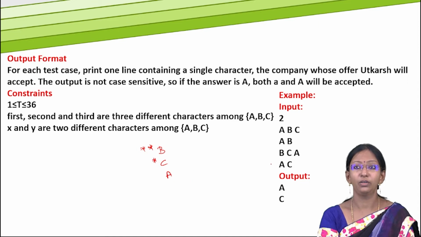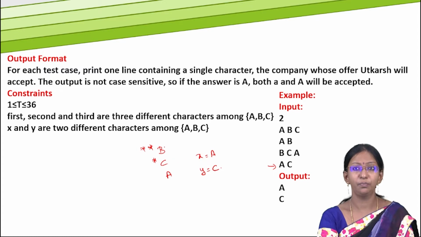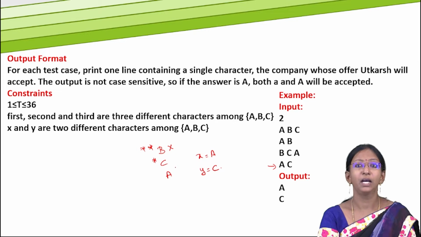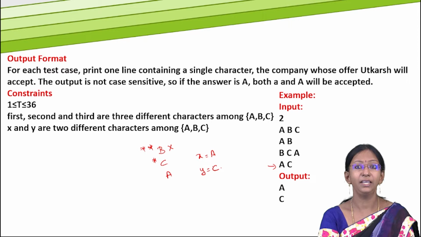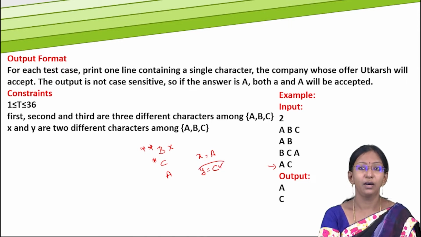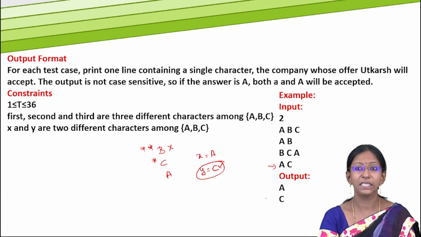And he got offers from A and C, so X is A and Y is C. Rahul is giving the highest preference to B, but he didn't get an offer from B, unfortunately. The next company he prefers is C, and he got it. So he's going to take the offer given by the variable Y, which is C.